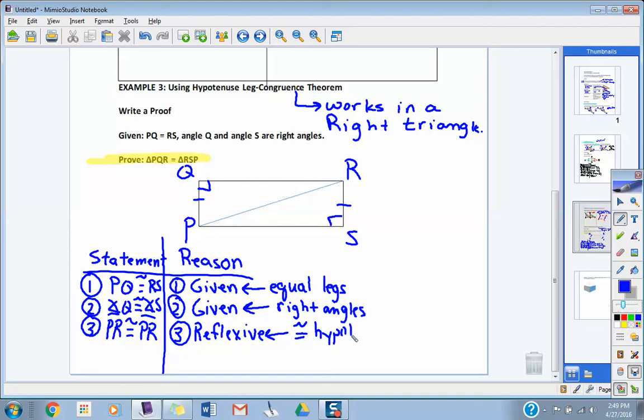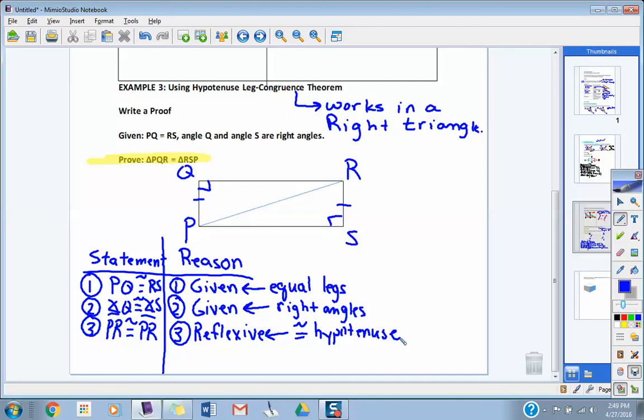Yes. So let's see. Do we have a right triangle? Yes. Both of them are right triangles. That's what step 2 told us, right? Do we have equal legs? Yes. That's what the step 1 given told us, right? Do we have an equal hypotenuse in each triangle? Yes. That's what the reflexive property told us in step 3.